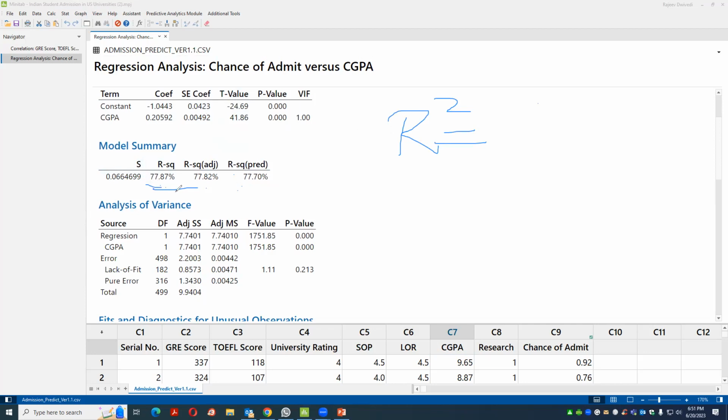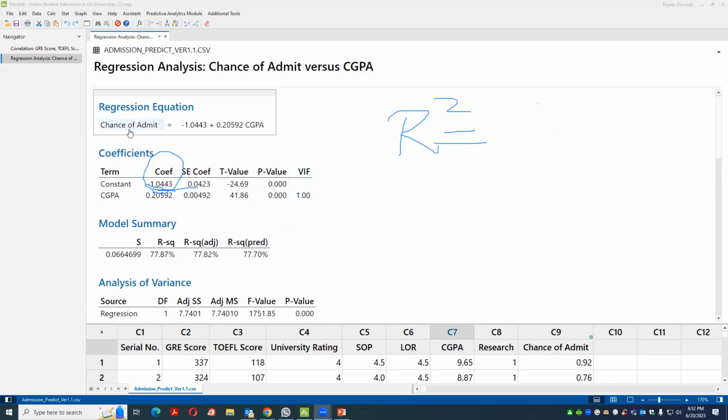What is the meaning of this? 77.87% chance of admission depends on GPA. In other words, chance of admission depends on GPA.